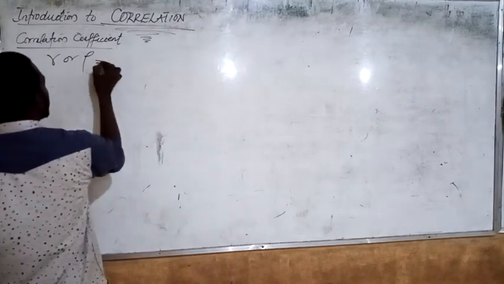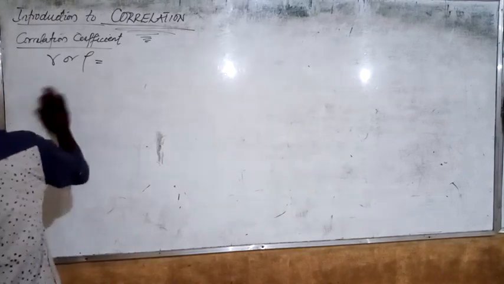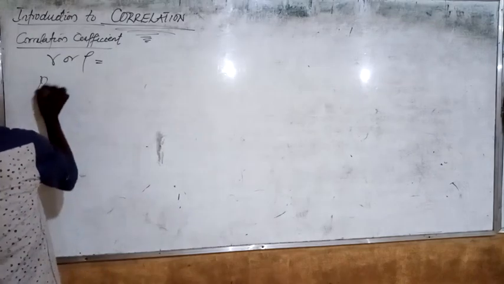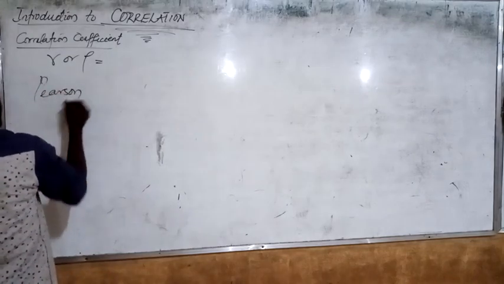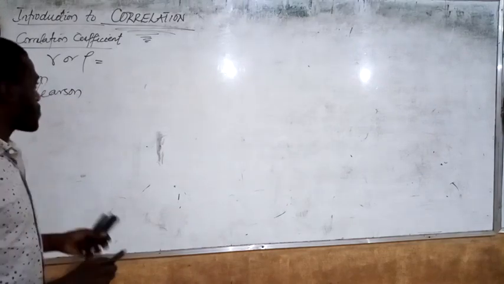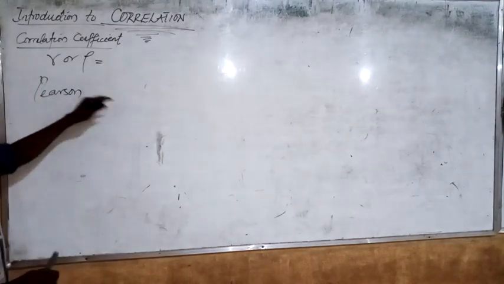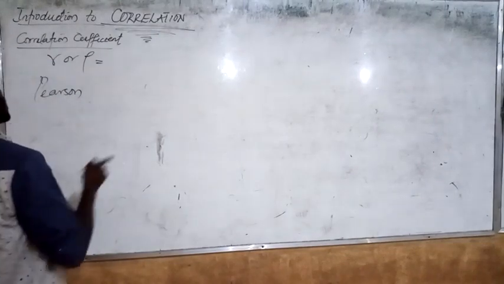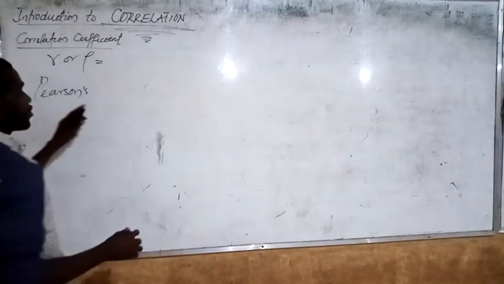This formula is according to Pearson. So Pearson's correlation coefficient. Now, please go down in the description to click on the video where I proved this formula. There are two formulas that are exactly the same. All right. So this formula, Pearson's correlation coefficient.